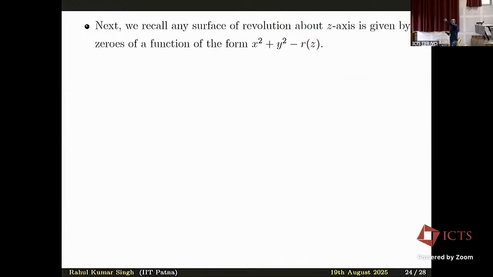When you look at the curve, this r is the radius parameter, which varies and depends on z.